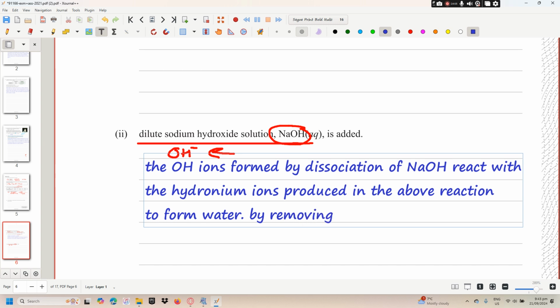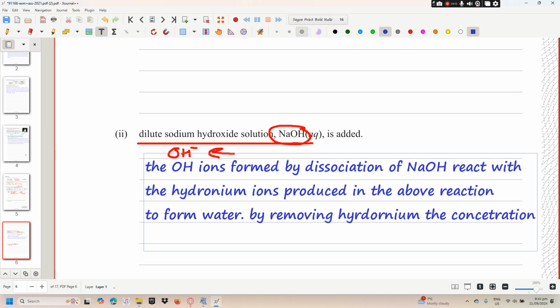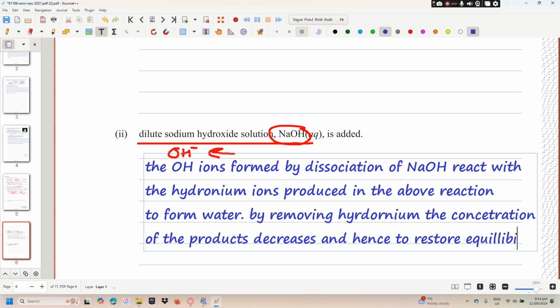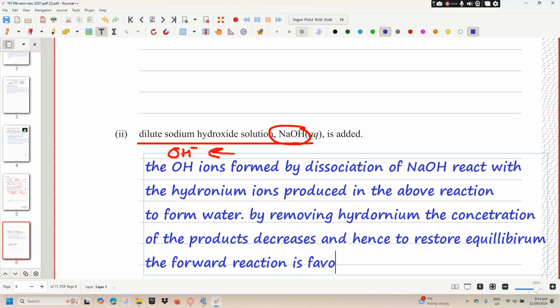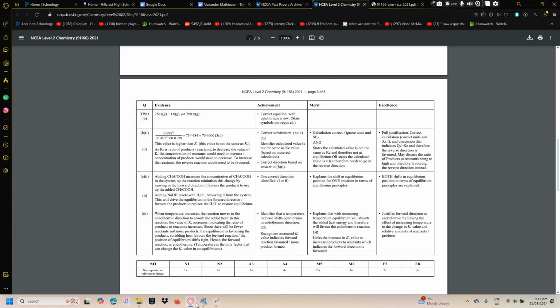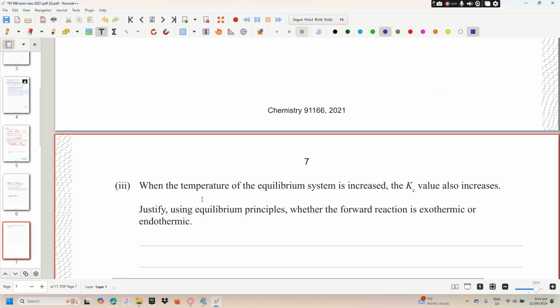By removing hydronium, the concentration of the products decreases, and hence to restore equilibrium, the forward reaction is favoured to restore acid. Yep, it replaces H3O plus, restores it. That's about it.